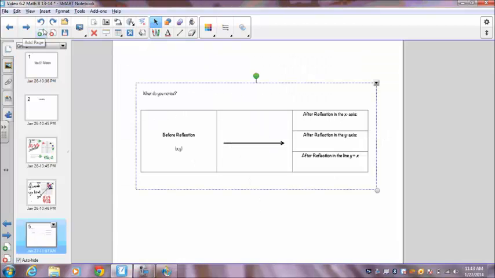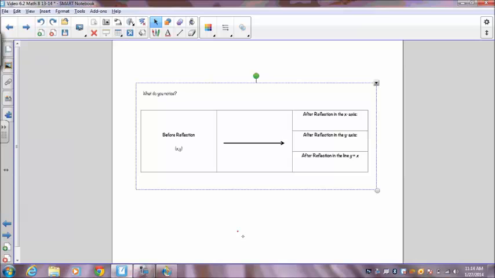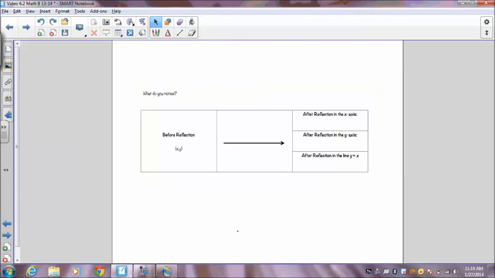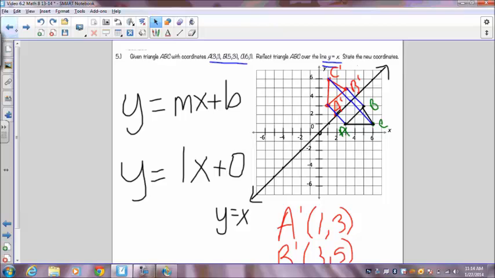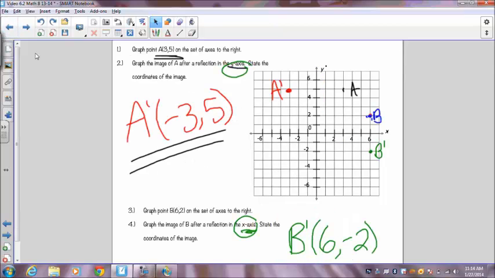Okay, so let's go ahead and summarize what we have found right here. If you take a look at questions 1 and 2, the original coordinate was 3, 5, and then it became negative 3, 5 when I reflected over the y-axis. So the y value stays the same when you reflect it over the y-axis, but the x value changes to its negative, so this 3 becomes a negative 3.